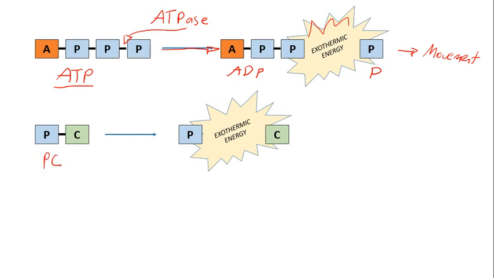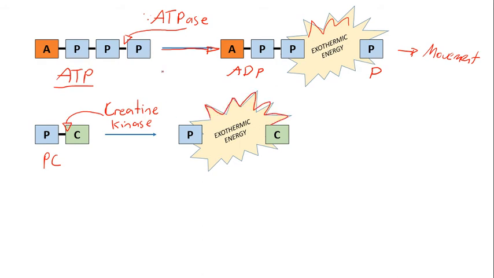Okay, so phosphocreatine here is broken down using an enzyme known as creatine kinase. Creatine kinase, just like ATPase up here, breaks apart this compound, and this releases the exothermic energy.